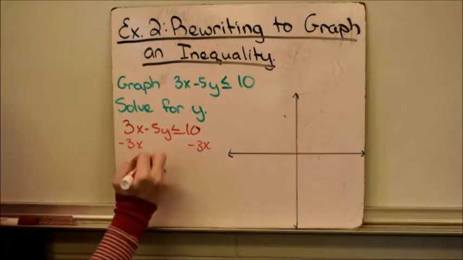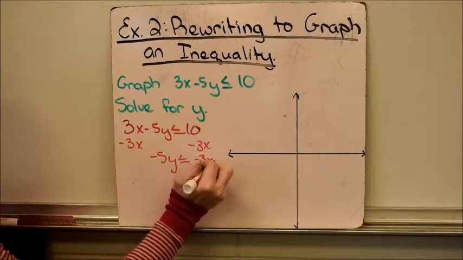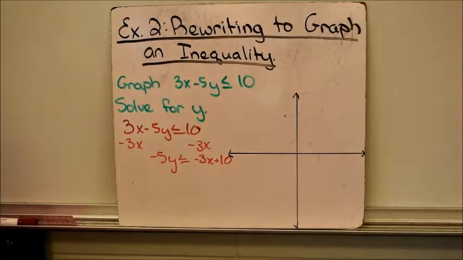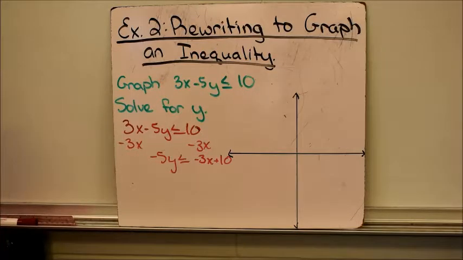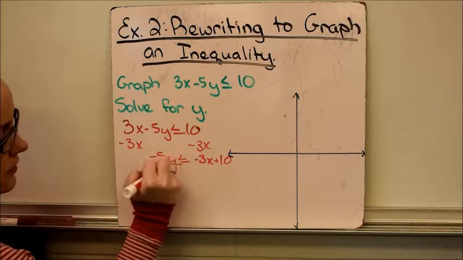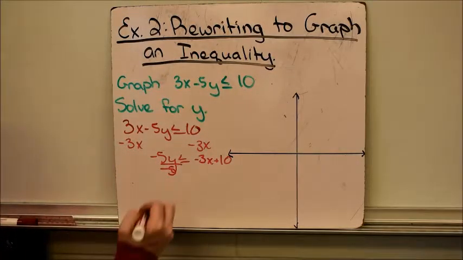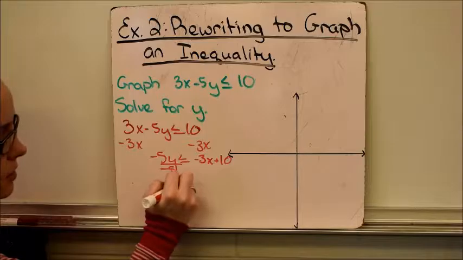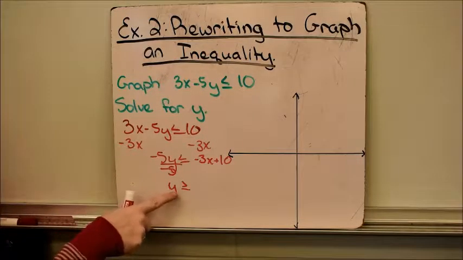We solve this very much like an equation, but there's a little bit of a difference, which I'll get into. So far our sign just carried down. Now to get y by itself, I'm going to divide by -5. And remember, when we divide or multiply by a negative number, our sign flips. So just keep that in mind.